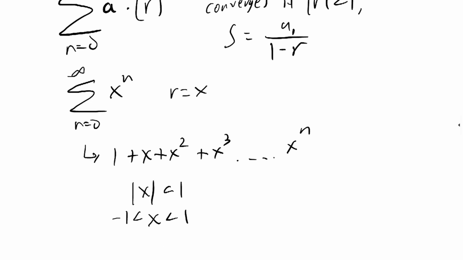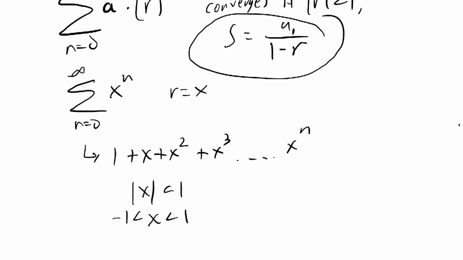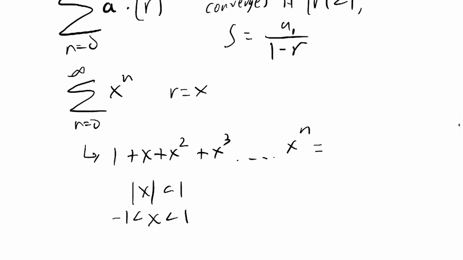But more importantly, let's remember what this sum formula was. Let's apply that here. According to that formula, the sum of this infinite polynomial, this infinite geometric series, should be 1 over 1 minus r, which is x.